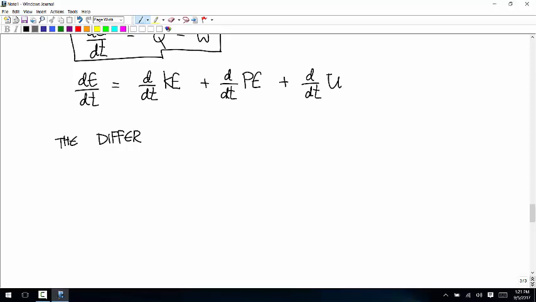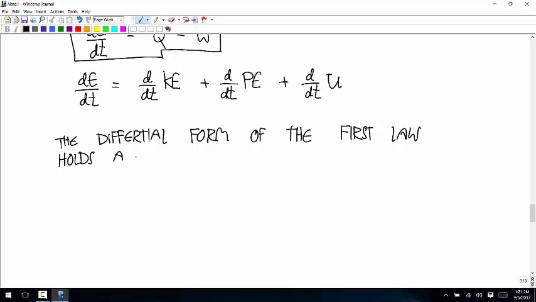But this is an instantaneous equation. So this holds at each instant.